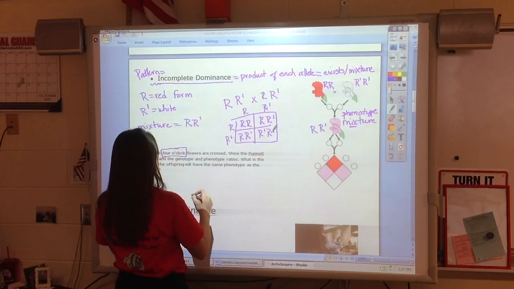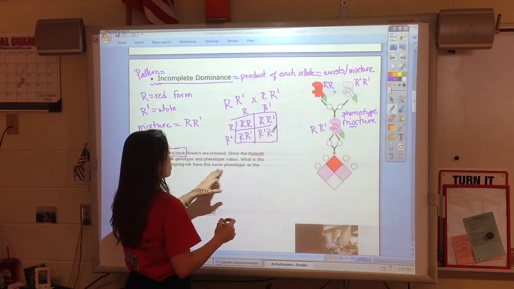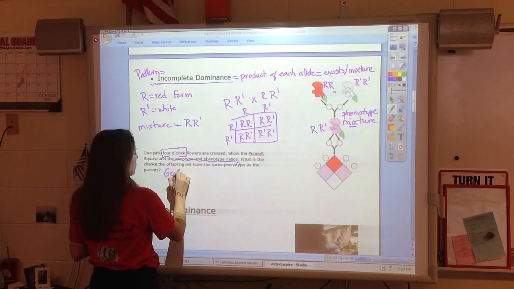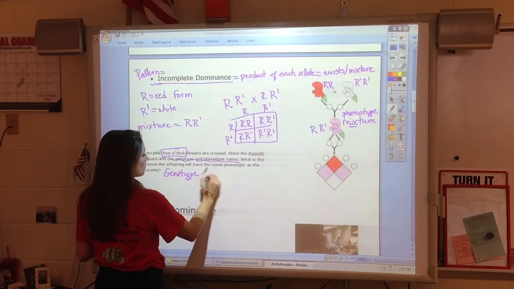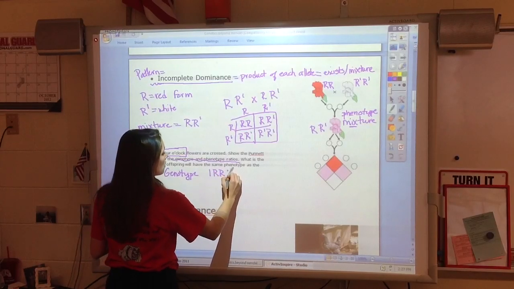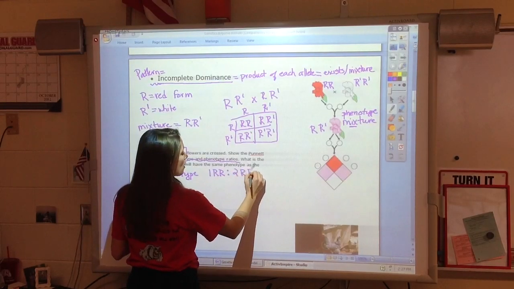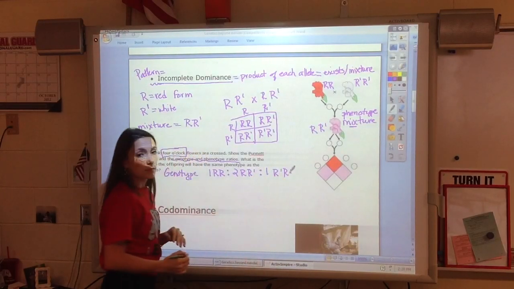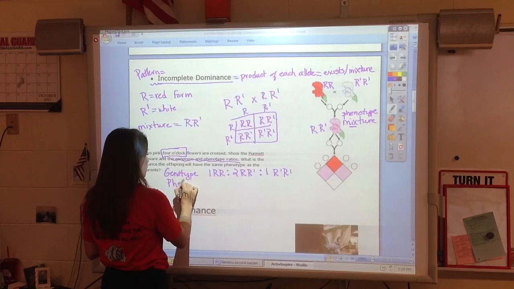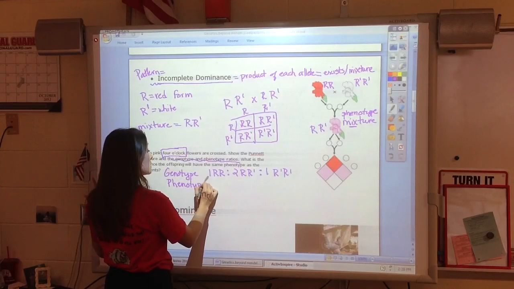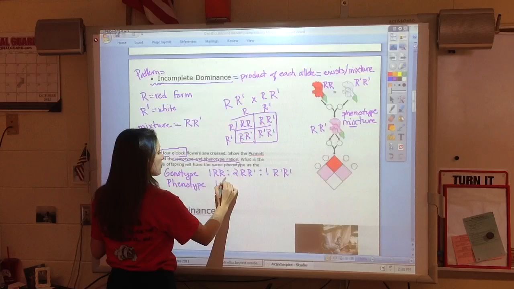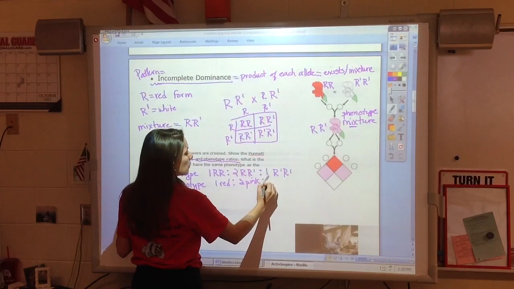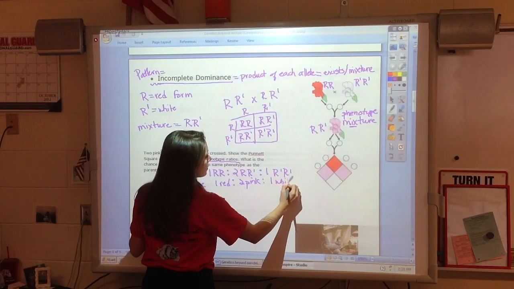As for the genotype and phenotype ratios, the genotype ratio is 1 RR to 2 R R prime to 1 R prime R prime. The phenotype ratio, what is my physical appearance? 1 red to 2 pink to 1 white.